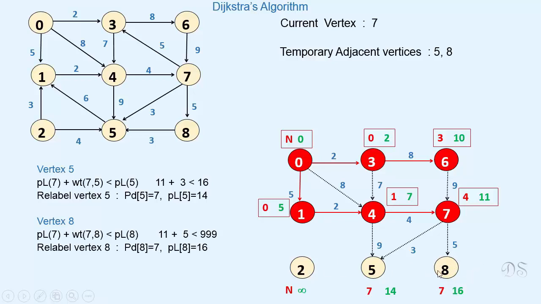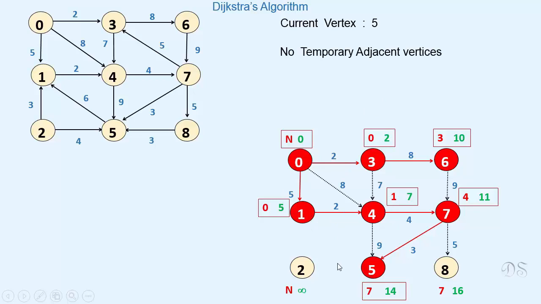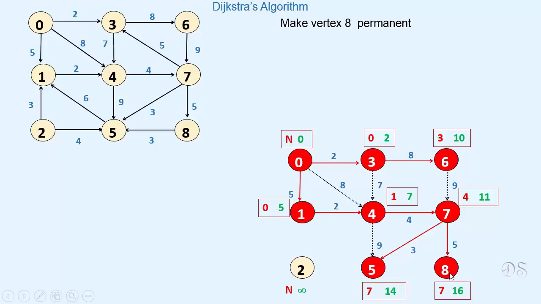Now from all the temporary vertices left, this vertex 5 has the minimum path length. So we'll make vertex 5 permanent. Now this vertex 5 is our current vertex. Now we have only one vertex that is adjacent to this vertex 5 and it is not temporary. So next we'll make vertex 8 permanent because from these two temporary vertices left, this vertex 8 has a minimum path length.